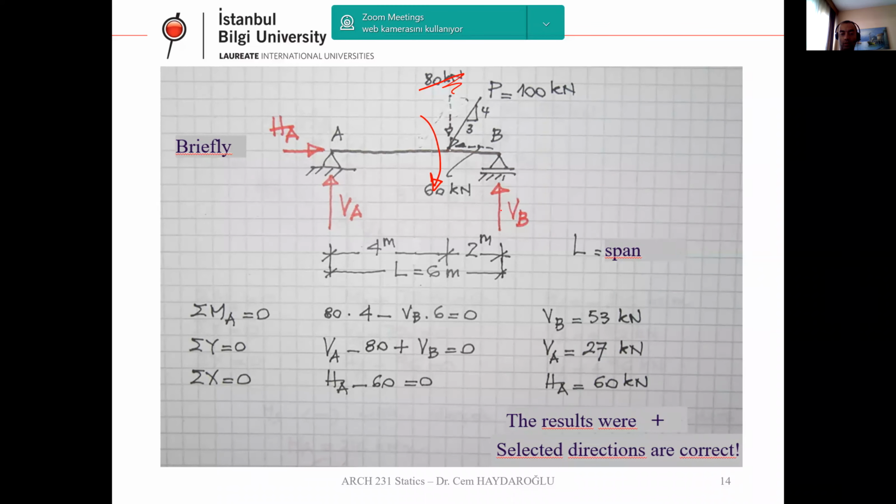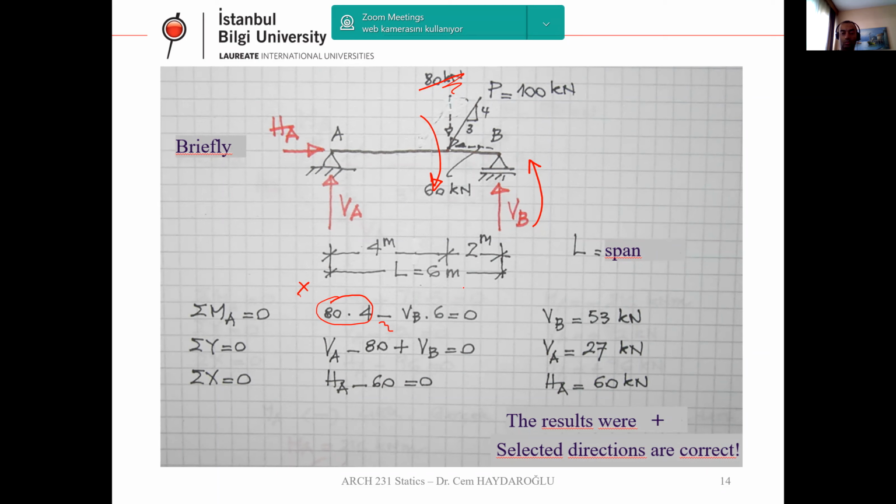So I have vertical B, which turns the system in this direction. What I did, I assumed this moment is positive. So the opposite direction is going to be negative. That's why I have a minus here. Minus VB times 6 meters equals 0.